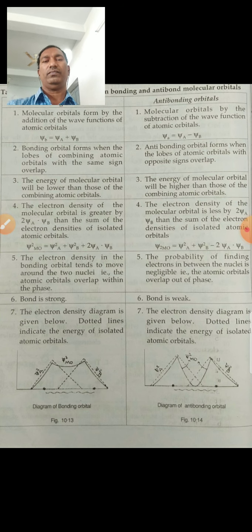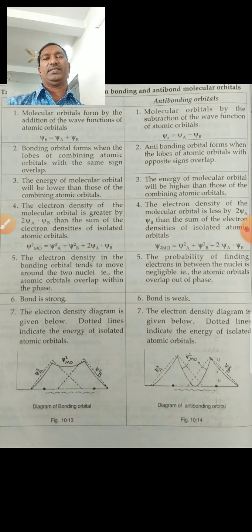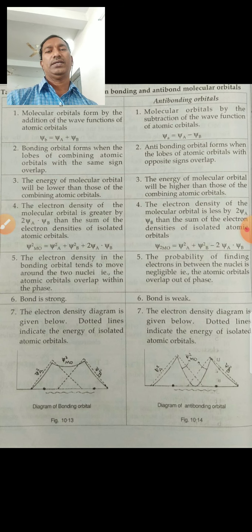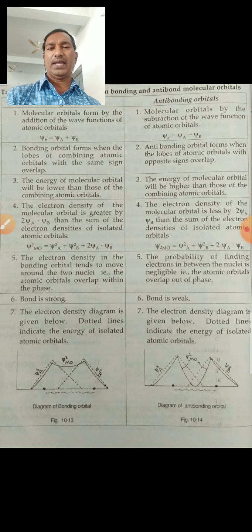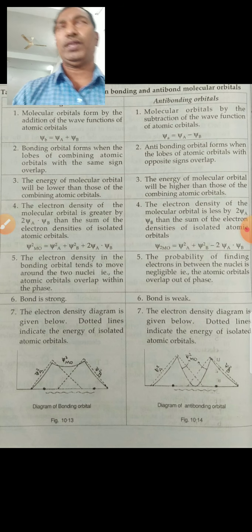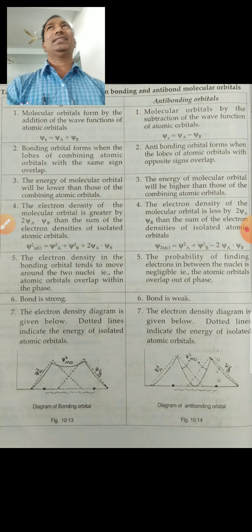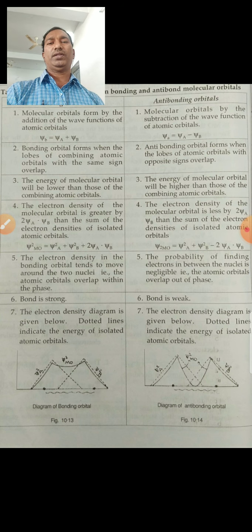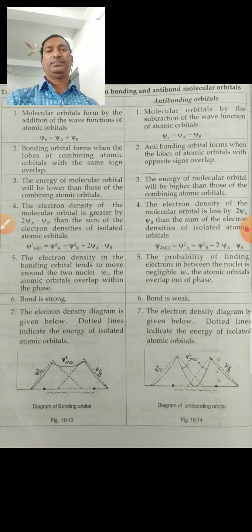Okay. These are the comparisons between the bonding and antibonding molecular orbitals. The linear combination of atomic orbitals forms molecular orbitals, of which half are bonding molecular orbitals and half are antibonding molecular orbitals. Bonding molecular orbital energy is less than the atomic orbitals, while antibonding molecular orbital energy is more than the atomic orbitals.